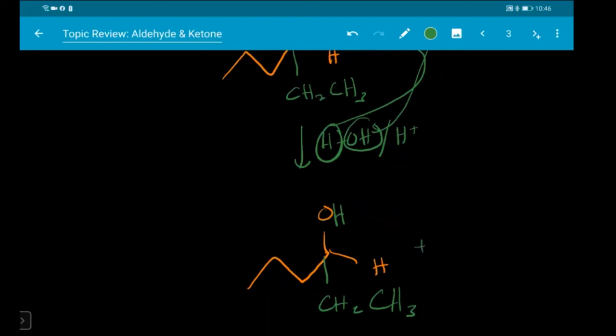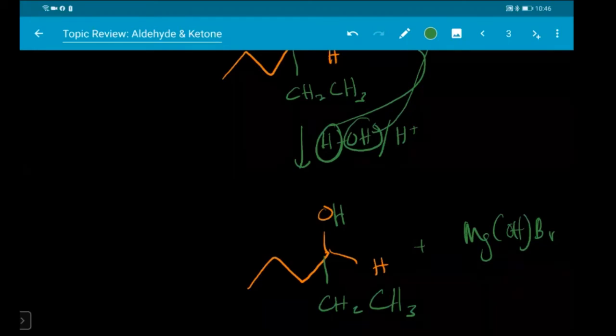Plus MgOH-Br. Alright, this is also part of the nucleophilic addition reaction. In the same time, is the preparation method for alcohol. Saya nak tanya dulu, alkohol apa yang kita hasilkan ni? What is the class? Primary, secondary or tertiary?